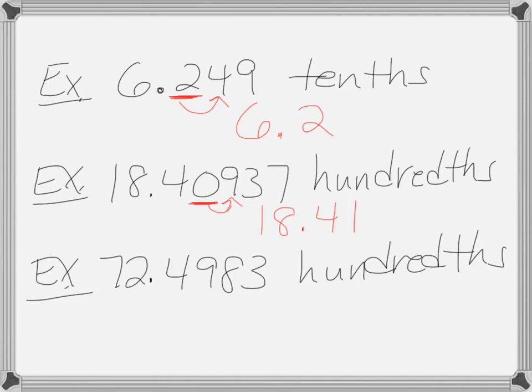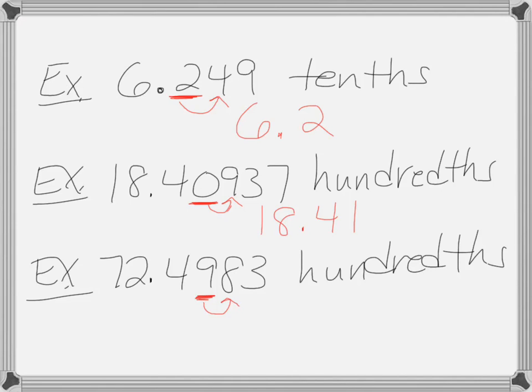Third example, 72.4983, rounded to the hundredths place. Again, that's the second number after the decimal. That's this 9. I look to the right and ask, is that 5 or bigger? Yes, it is. It's an 8. That's bigger. So the 9 needs to bump up, but what does 9 bump up to? 10.